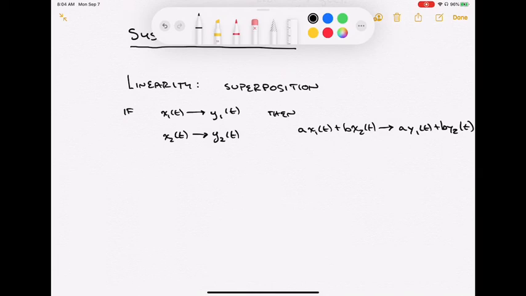If I add two inputs together, I just get their corresponding outputs added together. Linearity is a principle of superposition. It has both the additivity property, that's the addition part, and the scaling or homogeneity property, that's multiplying by some scale constant on the input, giving us the same multiplication by the scale constant on the output.